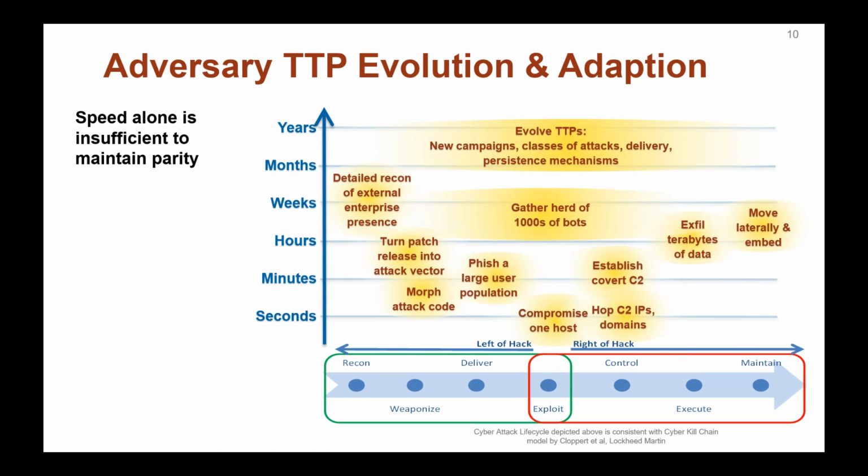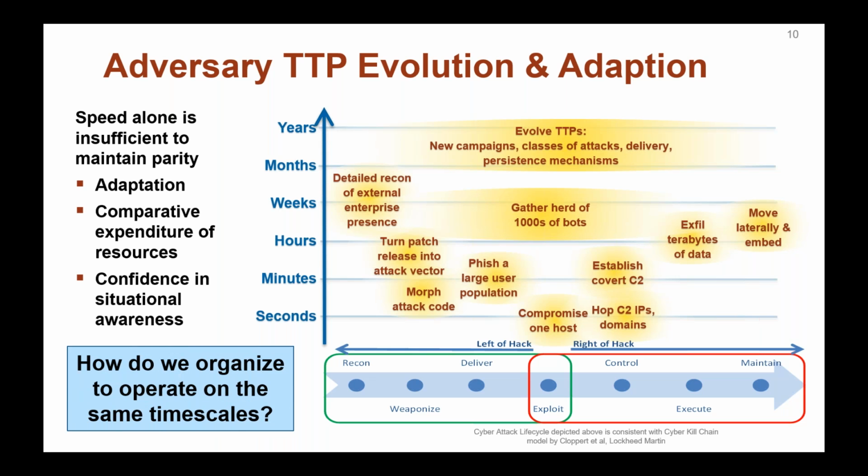It's necessary for the SOC to organize themselves in a manner that keeps pace with their adversary. In other words, are they operating in the same OODA loop, observe, orient, decide, act, the same decision cycle as the adversary? Because if they're not, and they're not adapting in those same time scales, they're losing.